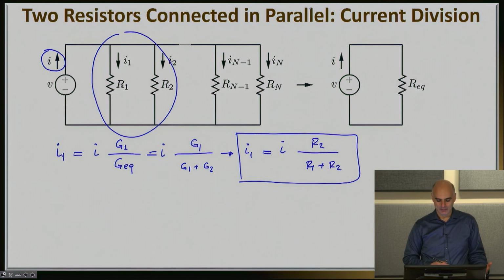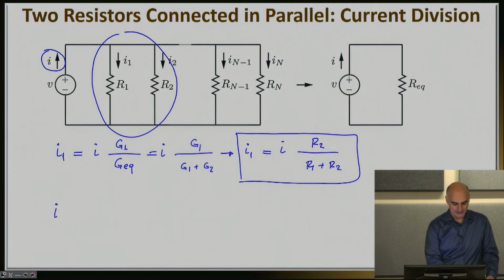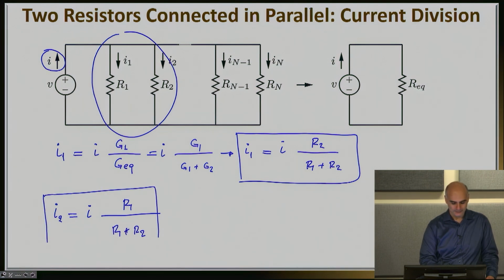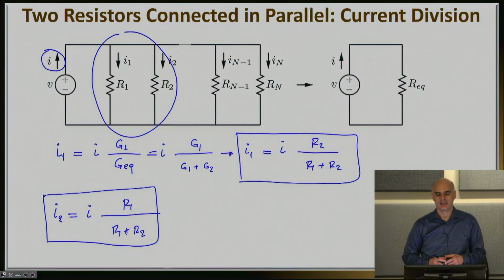In a very similar way, you can write down the second current. I2 will be equal to I times R1 over R1 plus R2. In other words, this is the total current that comes into the resistances times the resistance you don't want over the sum of the resistances.